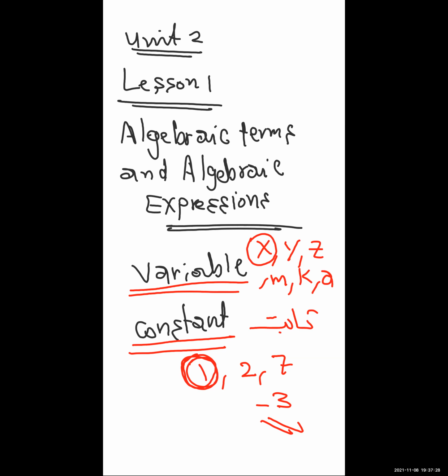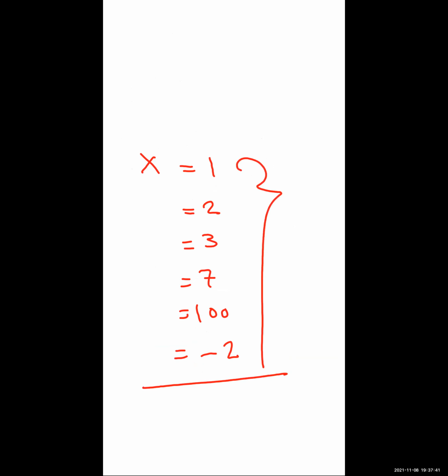For example, X may equal 1, may equal 2, 3, 7, 100, -2, so it's a variable. Okay?